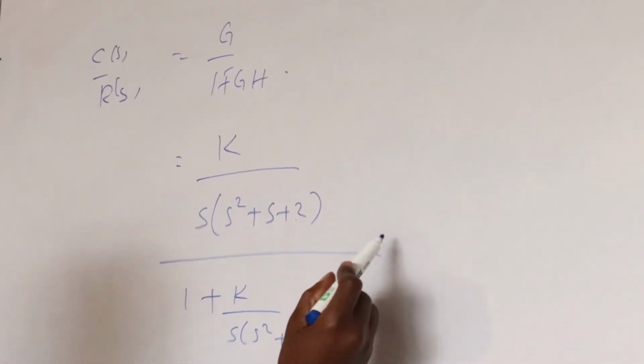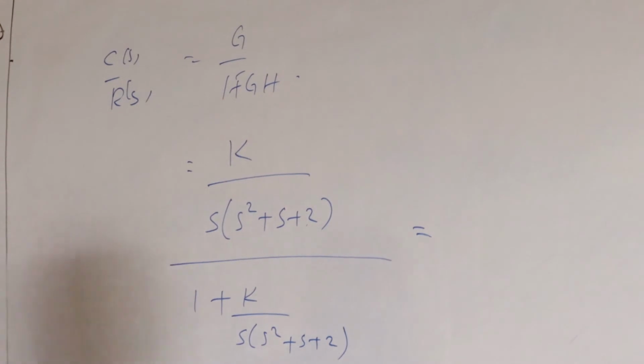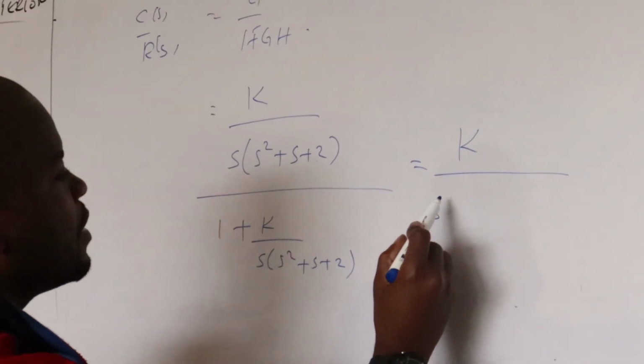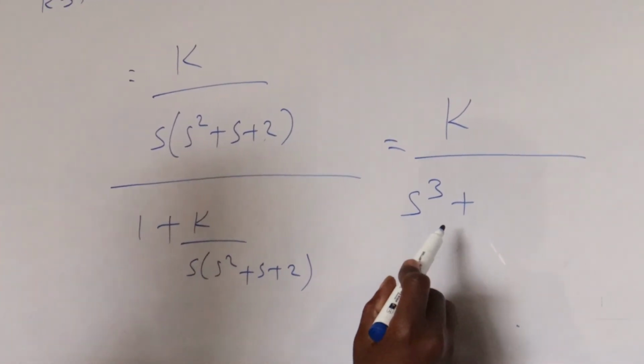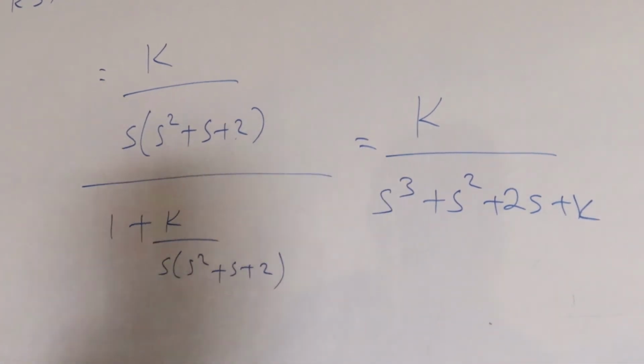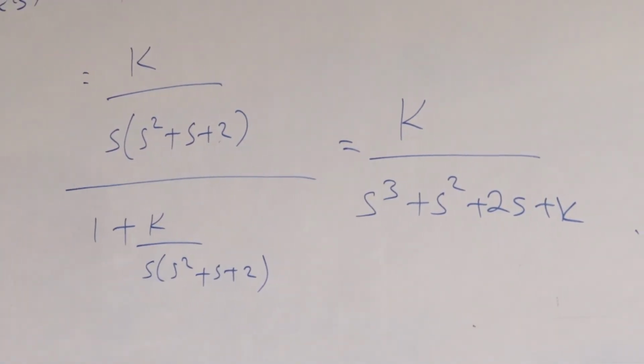If that is simplified, we have K all over S cubed plus S squared plus 2S plus K. And that is what we take to the Routh array.